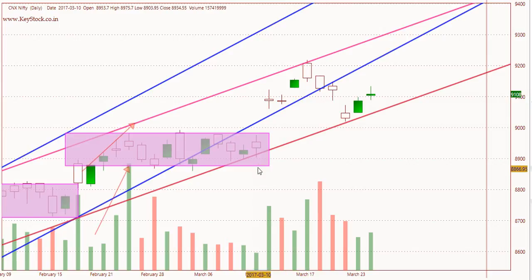However, the following bar, as highlighted here, also didn't show strength. Then another low volume narrow spread up bar followed, and by itself it doesn't portray any strength.